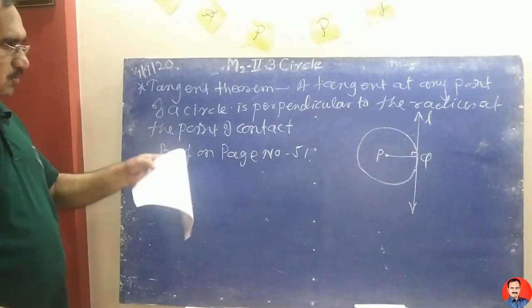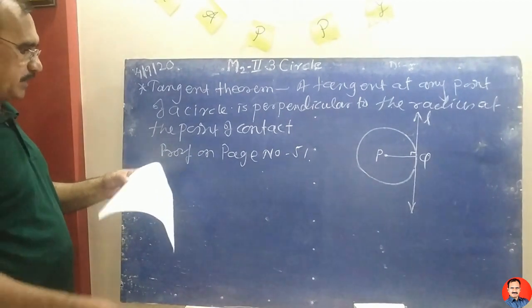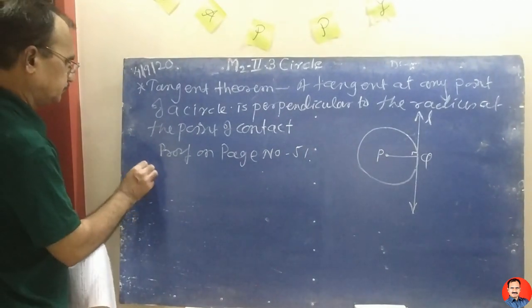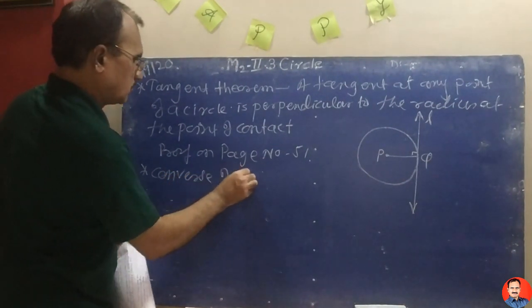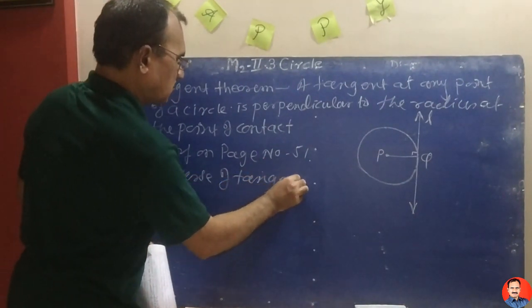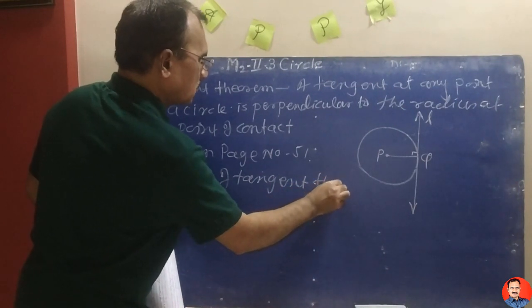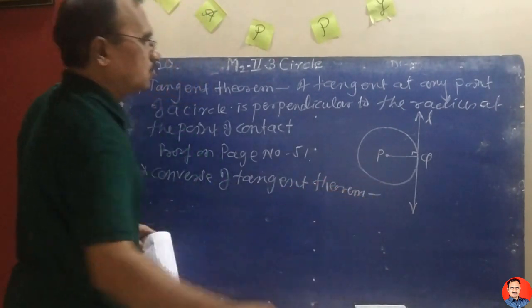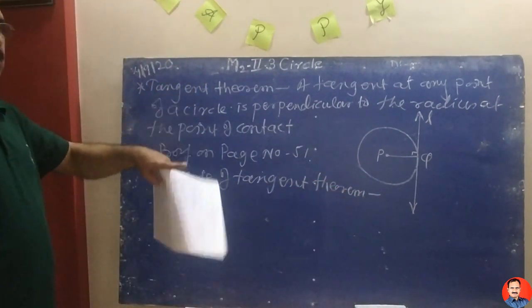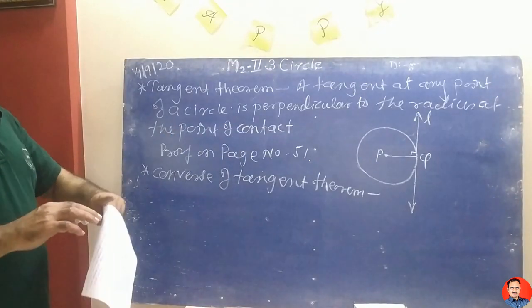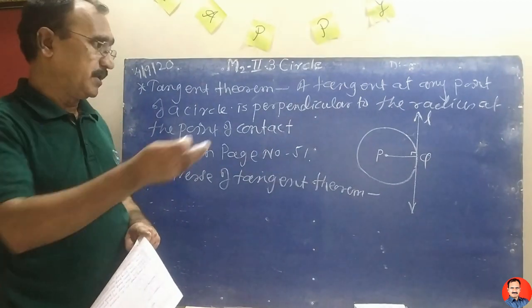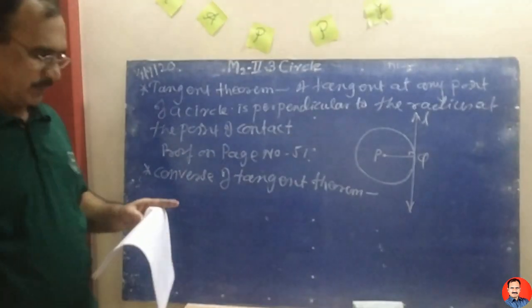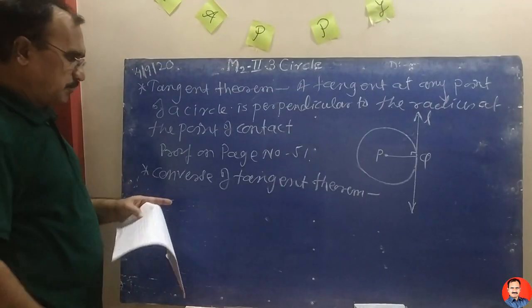The next one, the converse of the same theorem, the converse of the tangent theorem. A converse is the opposite of a theorem, meaning replacing the places of the given and the to prove. You know the meaning of a theorem and the converse of that theorem.